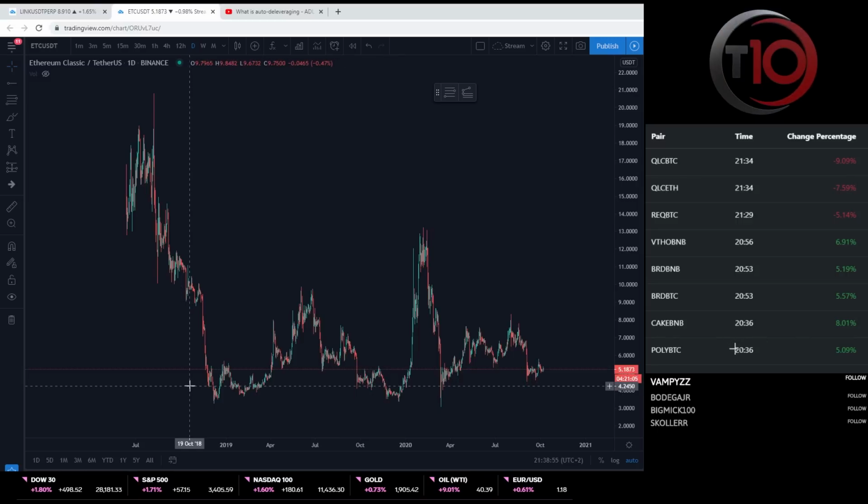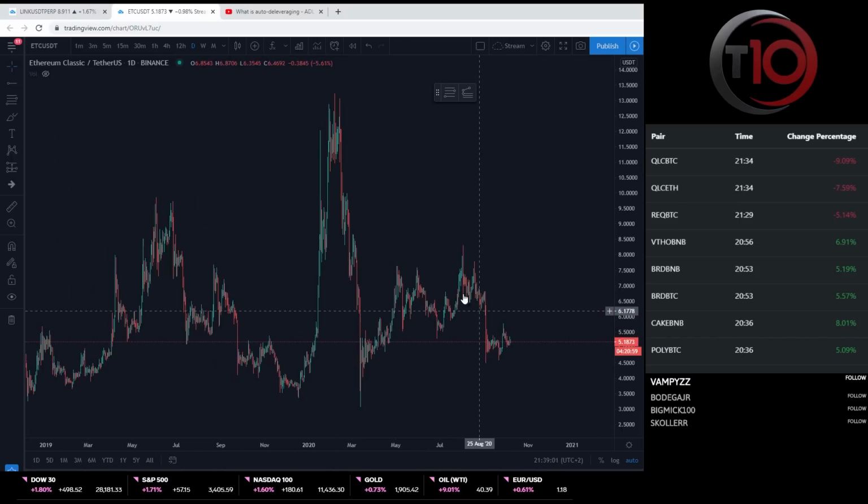Might take a little super small trade in this area, but I'm not expecting much. If we can come above this area, might be worth to play some sort of a hold of these levels maybe. But, yeah, stay away.